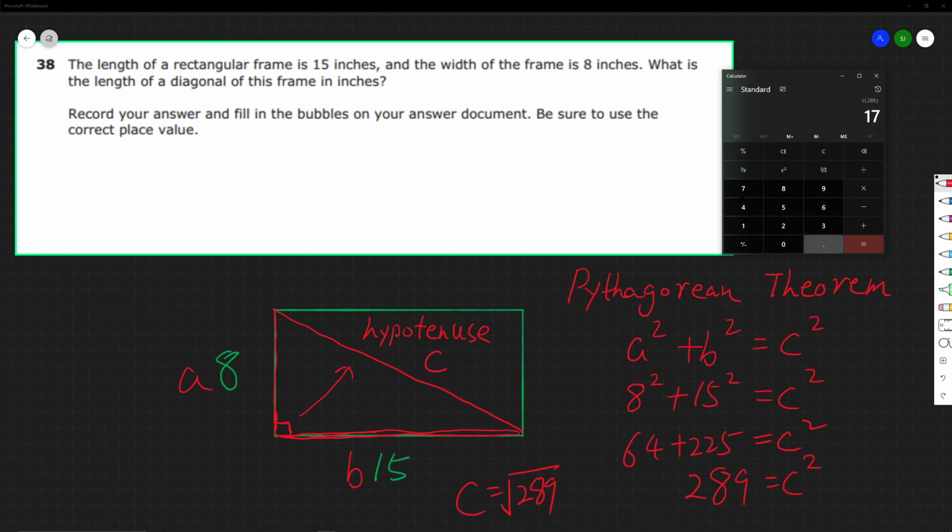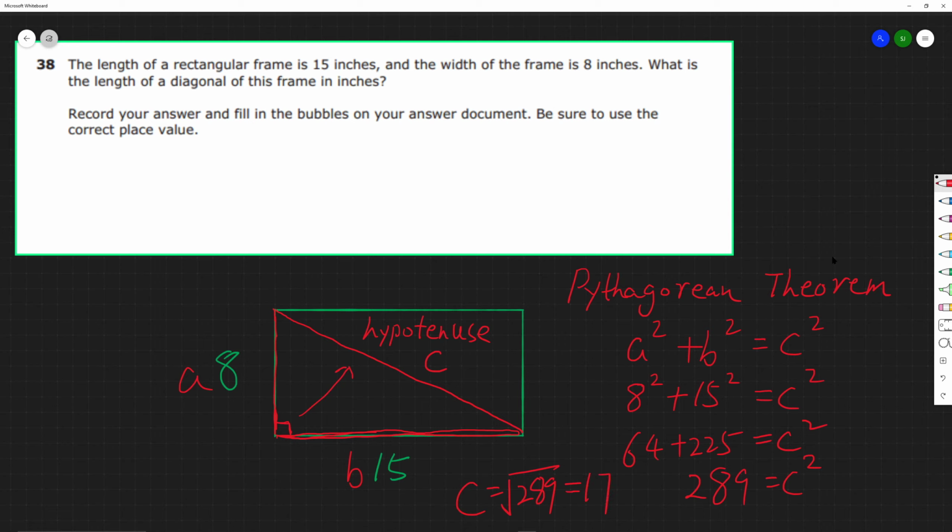The square root of 289 is 17. C is 17, and we find out the diagonal of this rectangular frame. The hypotenuse in this right triangle, C, is 17. And the answer is 17 inches. And that solves this problem.